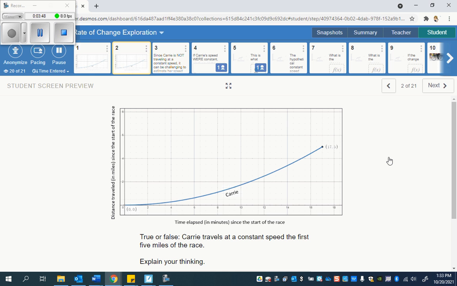So when you see this curve, up comes Carrie, and we're going to pretend like our axis is over here. Okay? So up comes Carrie, and you can see, where is she going faster, here or here? At the beginning or the end of her trip? Yeah, you can see that her speed is increasing. This is in the first couple minutes, right? So we're talking about minutes, distance in miles since the start of the race.